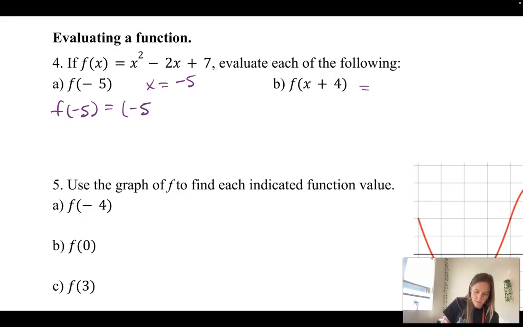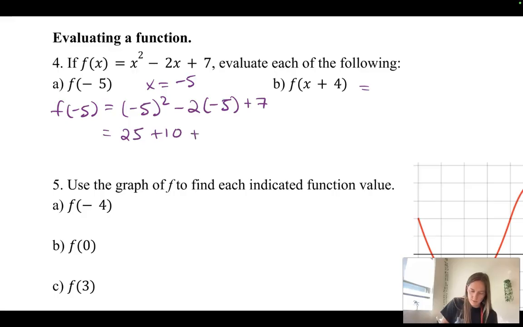So negative 5 squared minus 2 times negative 5 plus 7, so that turns into 25 plus 10 plus 7, which will give us 42. Okay, so f of negative 5 equals 42.